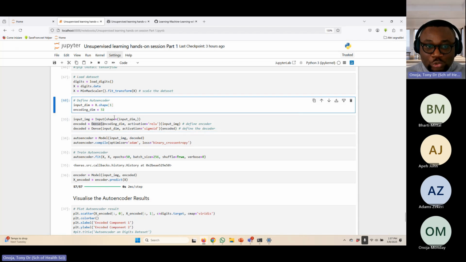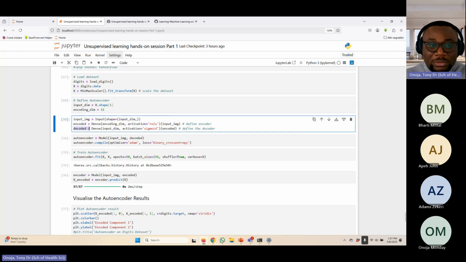Remember the dimension is 32 here. When this data set is coming, you will need to project them. So the activation function will help you do that projection. Then for the decoding layer, we use a sigmoid function. The decoding layer will be opening or decompressing the input layer, so that also needs another function to do that. So the sigmoid function helps us do that. That's what we are doing with these layers.